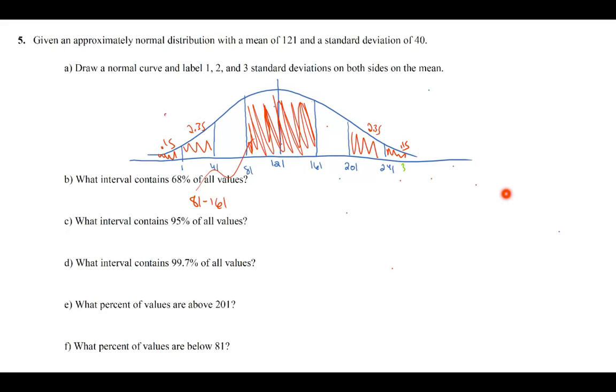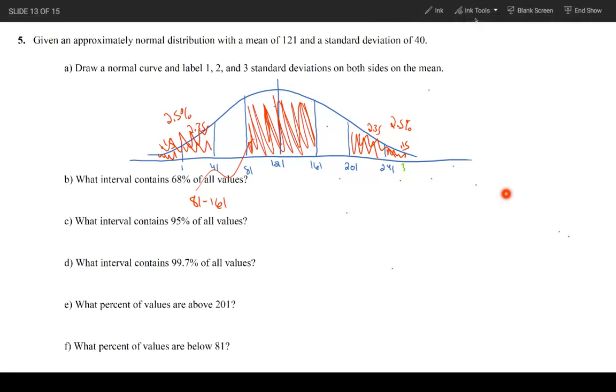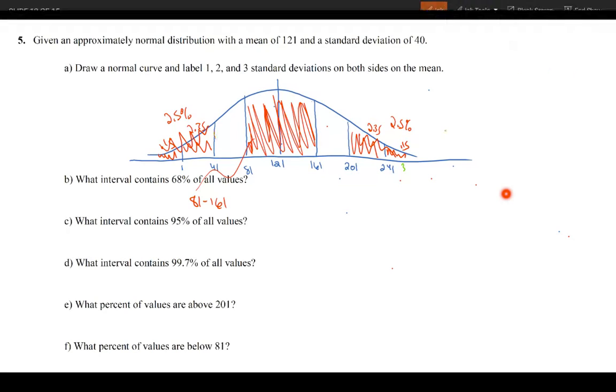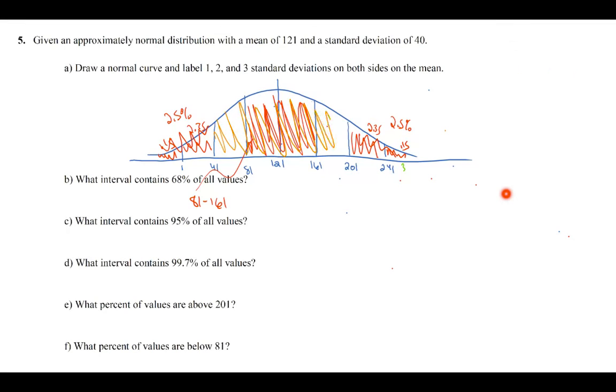Add those together, you get 2.5% on each side. Add those together, it makes 5%. So we would want everything left over in the middle. That would give us 95%. So that would be between 41 and 201. Or again, you could just use the rule that it's within 2 standard deviations of the mean. So 41 to 201.